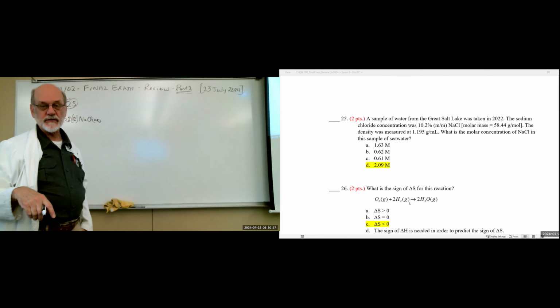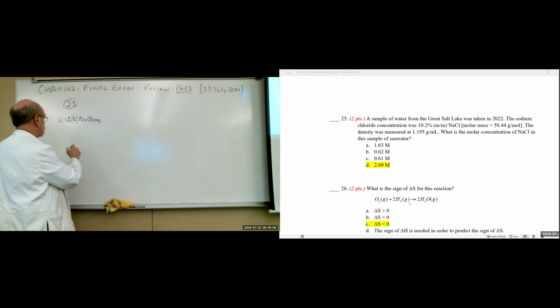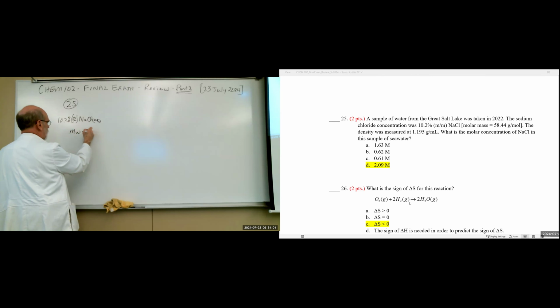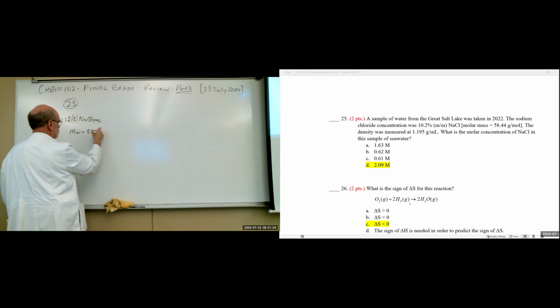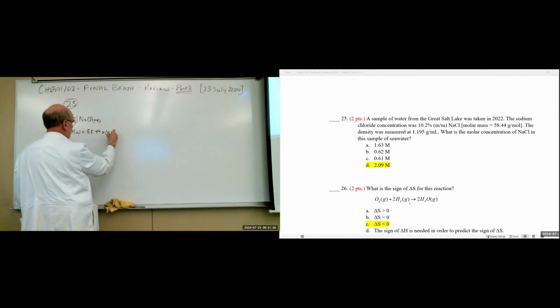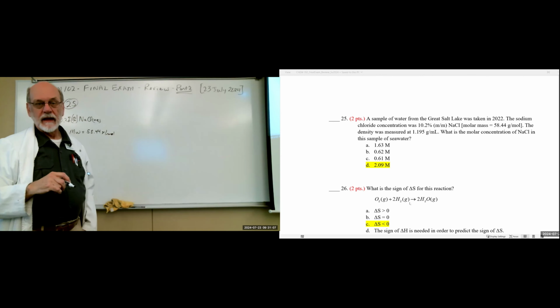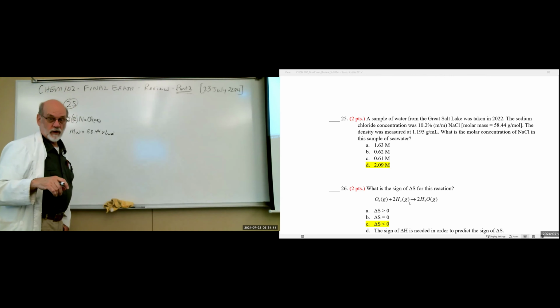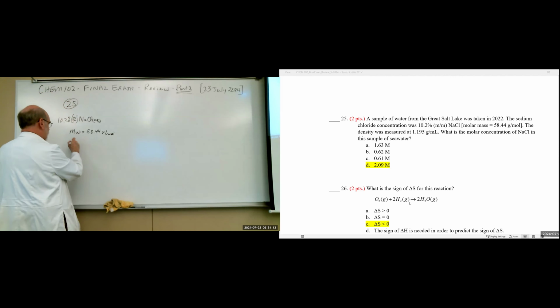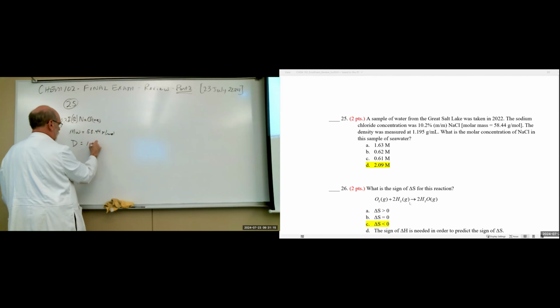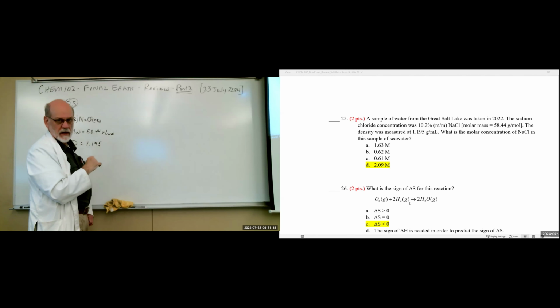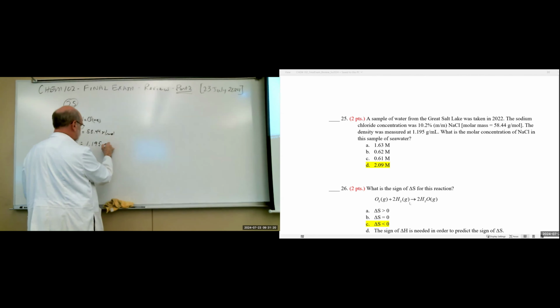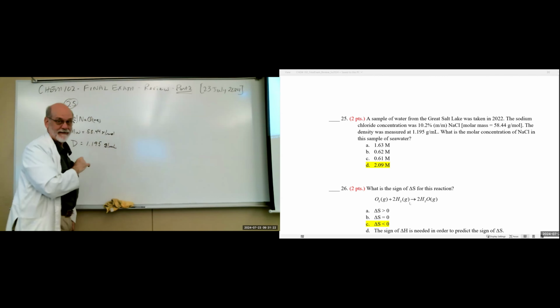The molar mass of sodium chloride is 58.44. The density of the solution is 1.195 grams per milliliter. Okay.